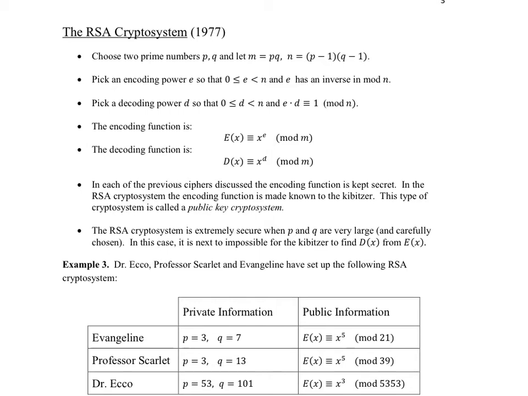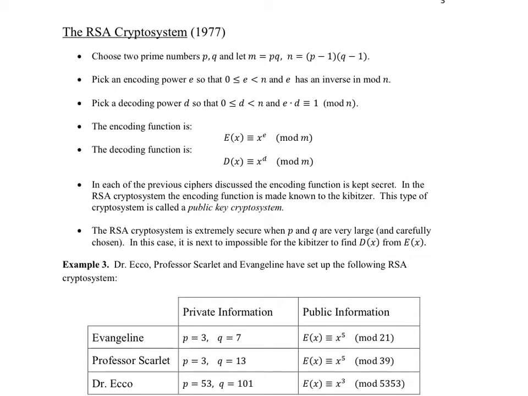If you've done online banking, or if you've done online shopping or logged in to something securely, you're using the RSA cryptosystem in some sense, and it's relying on this problem. So if this problem was solved, all of a sudden all this security that we feel like we have would just fall by the wayside.